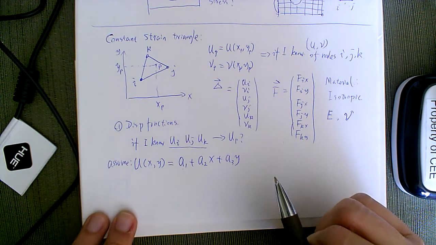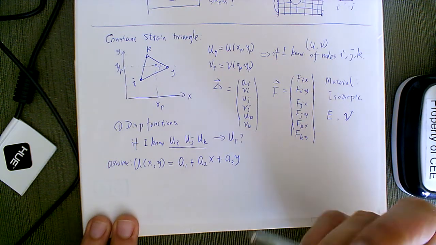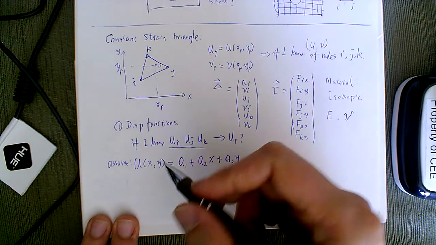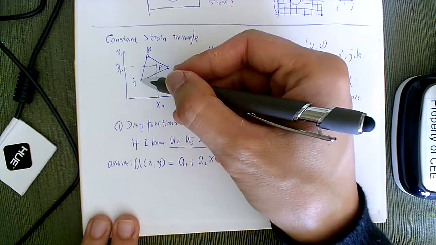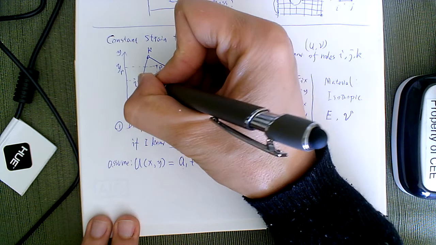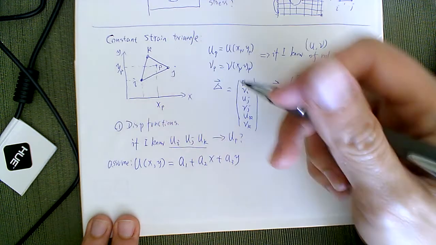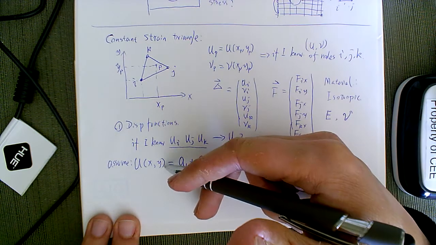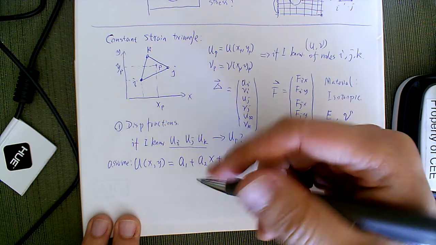Which means I can just plug in the nodal locations of I, J, and K, and this should work, right?